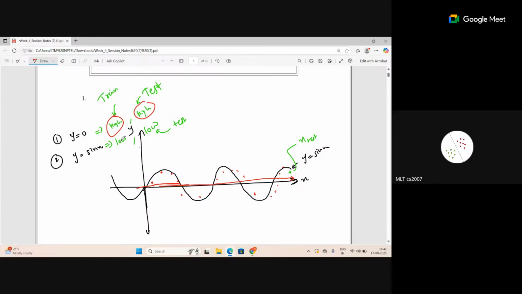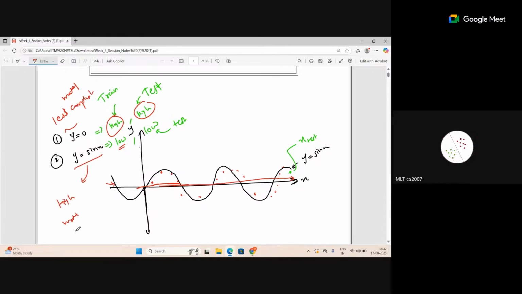If I use the other one, which correctly justifies the pattern of the data we are seeing, the train error is lower as well as the test error is lower, so I should use it. This is less model complexity, and this is high model complexity.